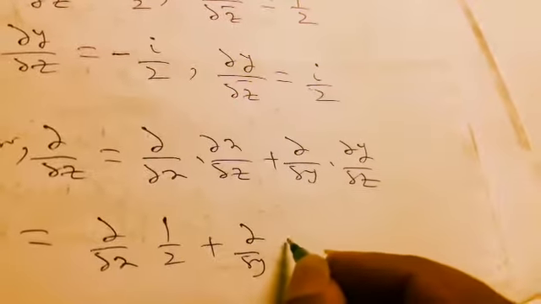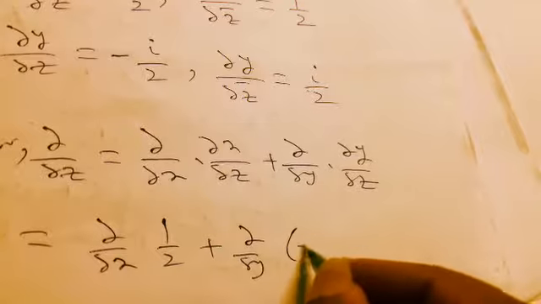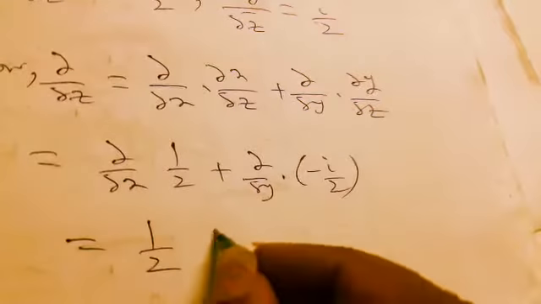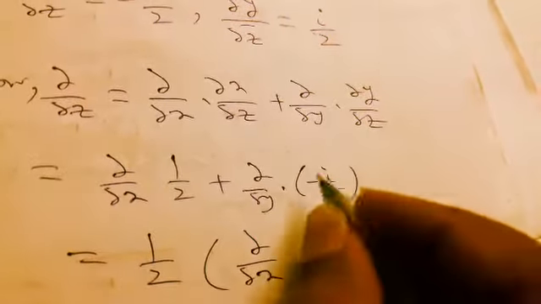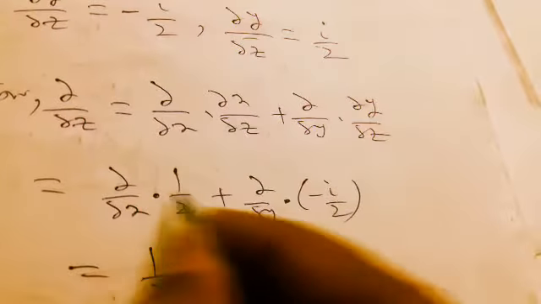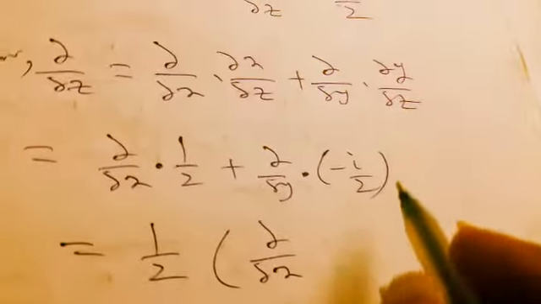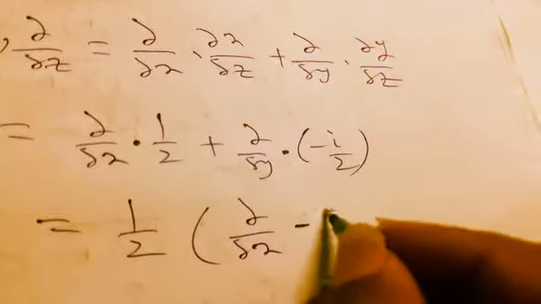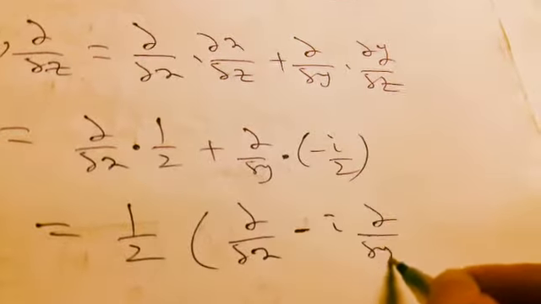If we take in common these terms, the result will be half of (∂x minus i ∂y), where ∂x and ∂y are simply dotted terms, not operators, and we find these terms.